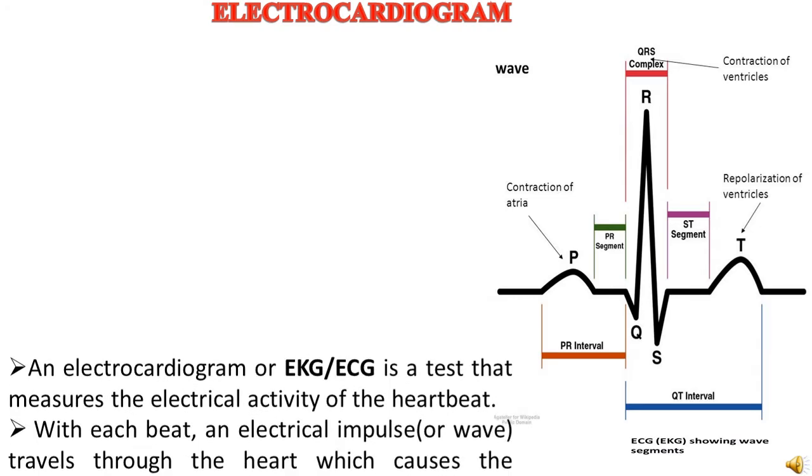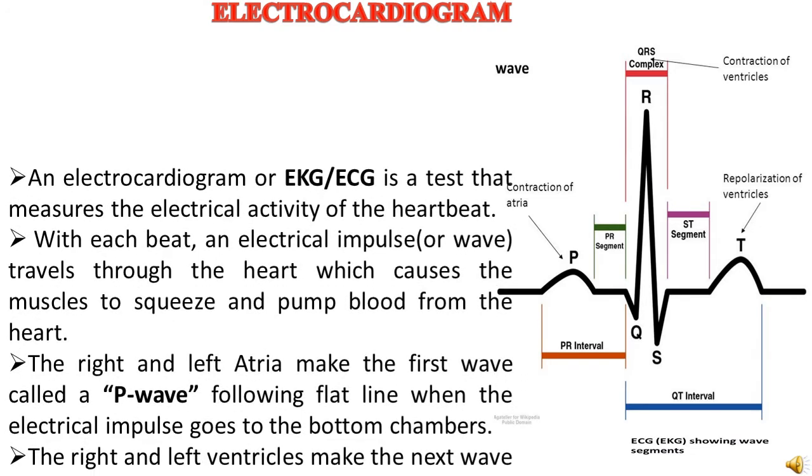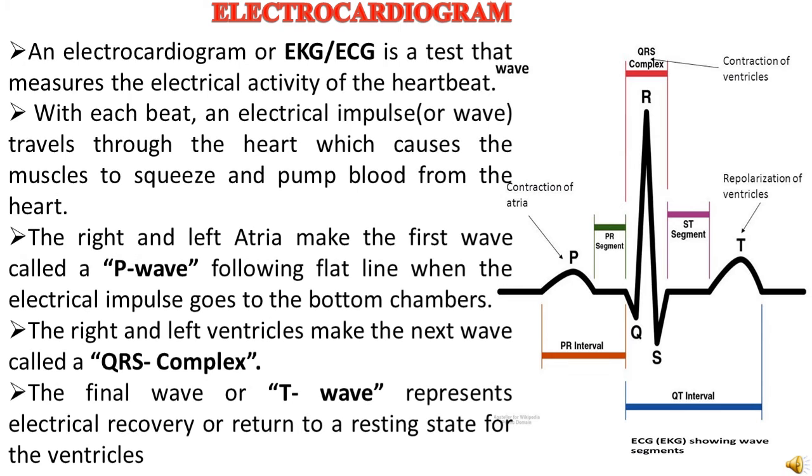An electrocardiogram, or an EKG or ECG, is a test that measures the electrical activity of the heartbeat. With each beat, an electrical impulse or wave travels through the heart, which causes the muscles to squeeze and pump the blood from the heart.